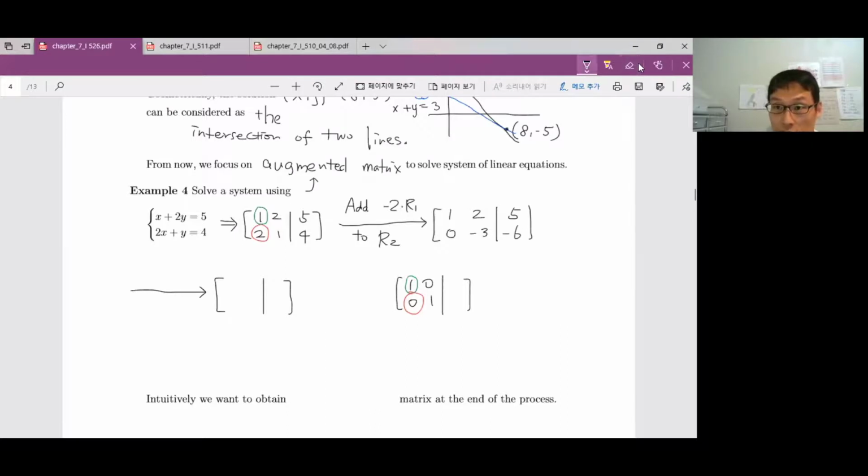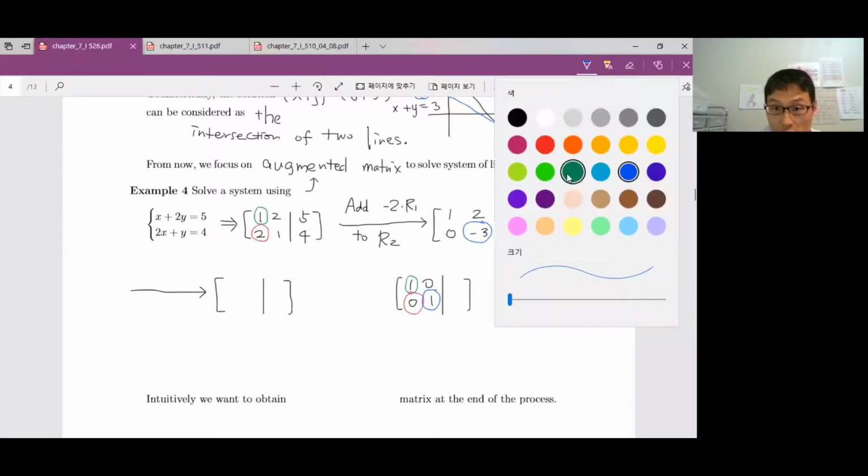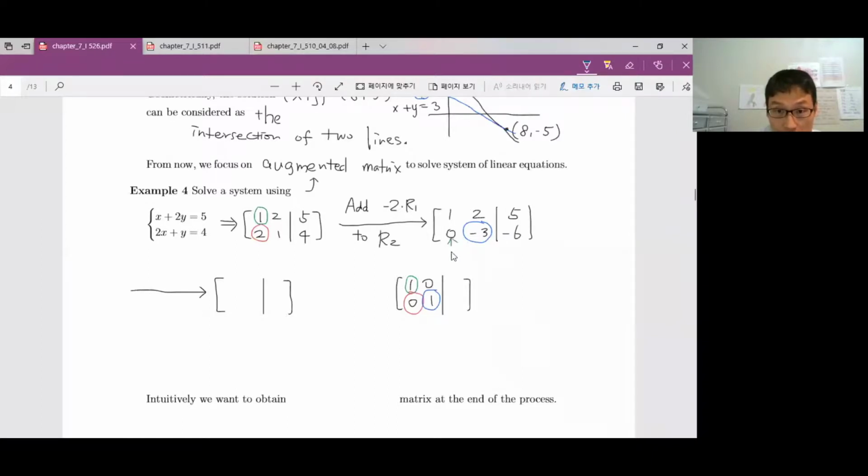Let me use color. So we want to have 1 there. Well, there are a couple of ways to turn this -3 to 1. One way is, as you said, you can take double of the first row, add this to the second row. But this will change this entry, right?